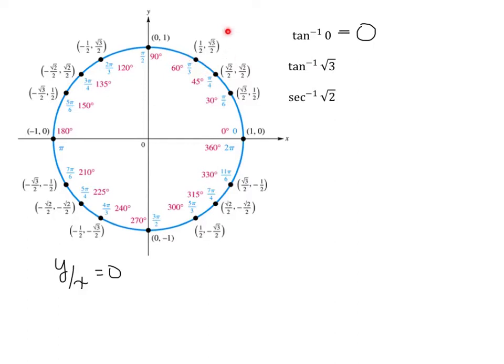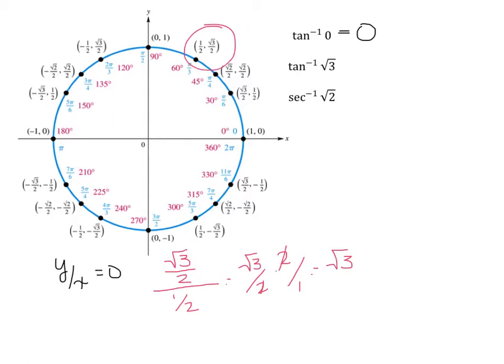So just to check, I'll take a look at pi over 3. So if I take square root of 3 over 2 divided by 1 over 2, that gives me square root of 3 over 2 times 2 over 1, and that is equal to square root of 3. So pi over 3 is the correct value.